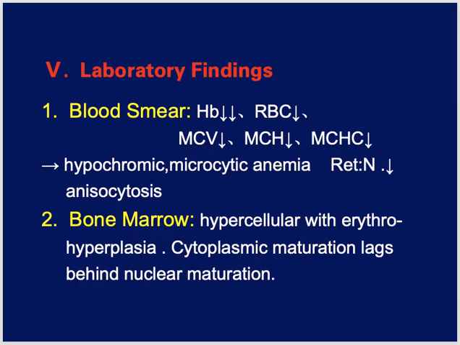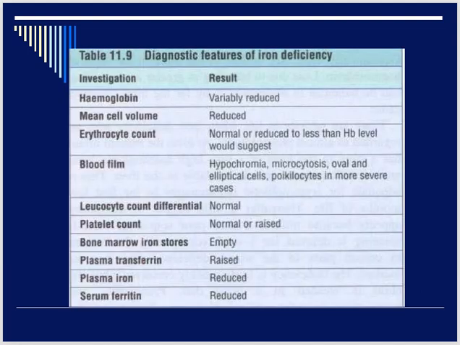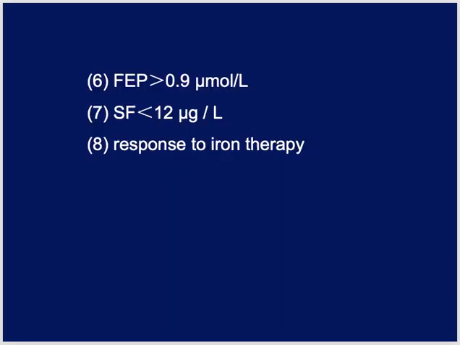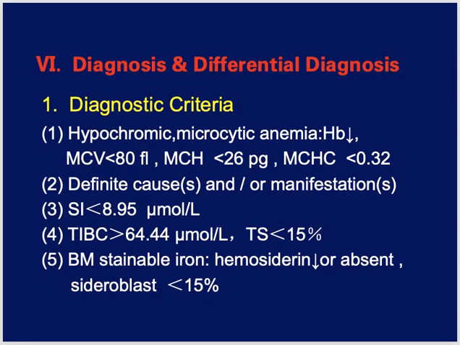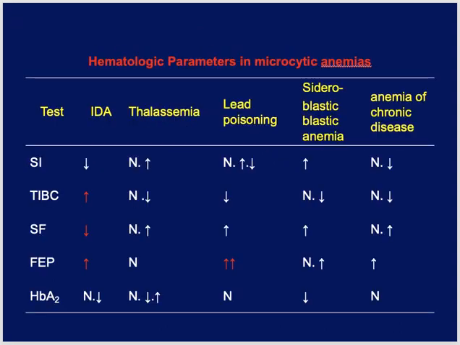Once the diagnosis of iron deficiency anemia is done, this is how it looks on microscopic view. Then of course we can go on to the treatment. See this, as I was discussing, in iron deficiency anemia we will do all these tests and these will be the things we are going to get.